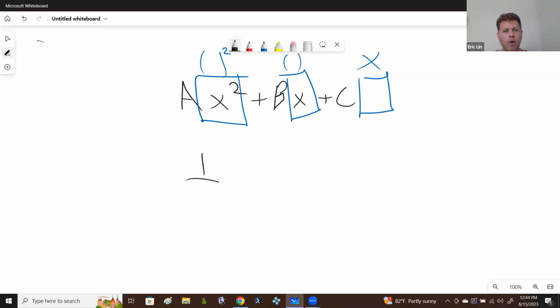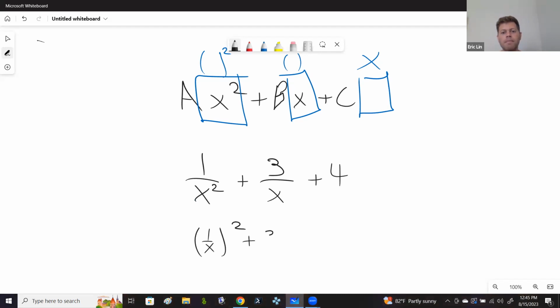Let's say I have 1 over x squared plus 3 over x plus 4. This is quadratic in one way or another. I have a thing which has been squared, plus 3 times that thing, plus a constant term with none of that thing in sight.